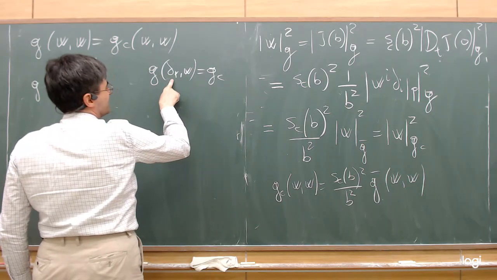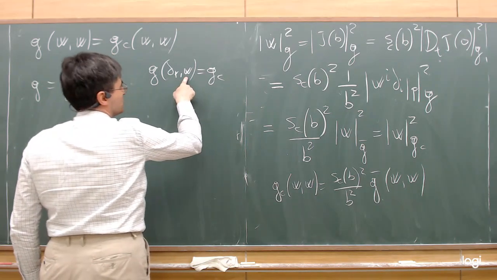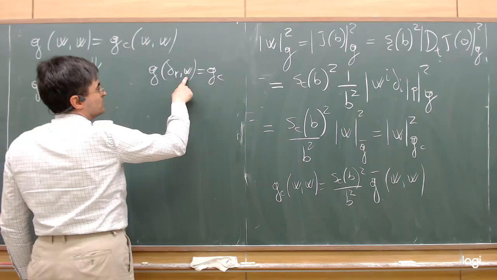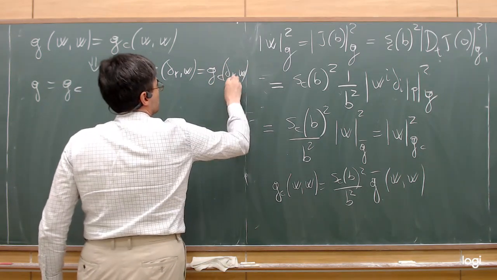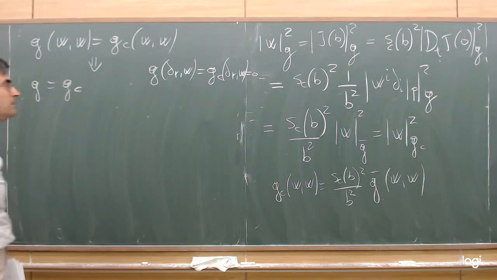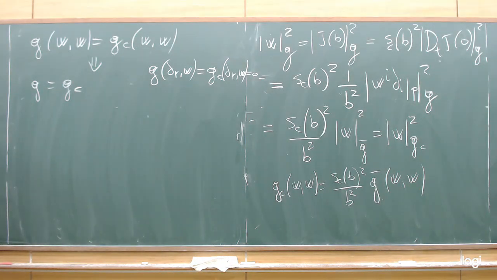The first one is ∂_r, the second is tangent to the level set of the r function. So this means that g and g_c coincide everywhere.